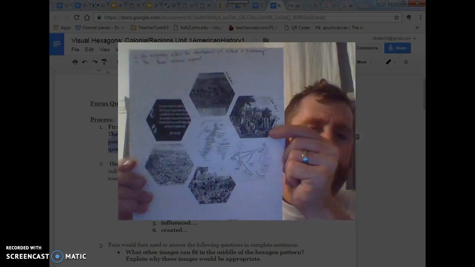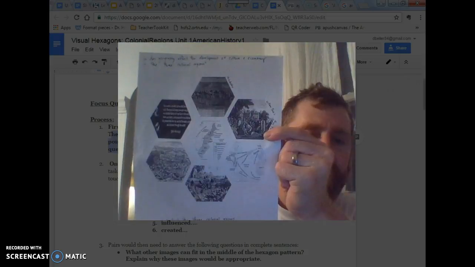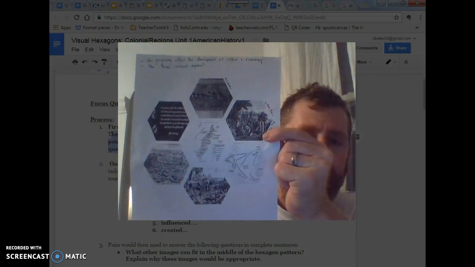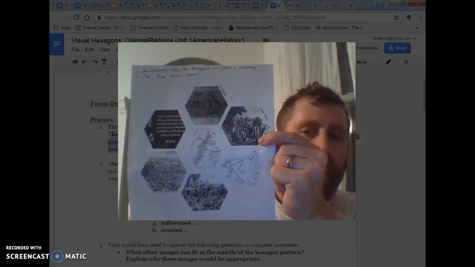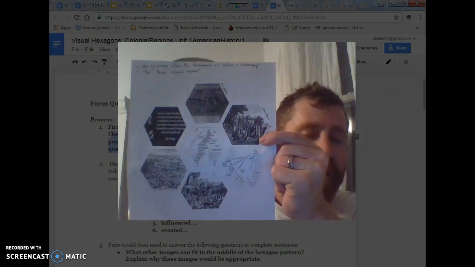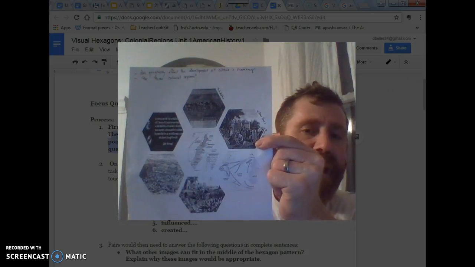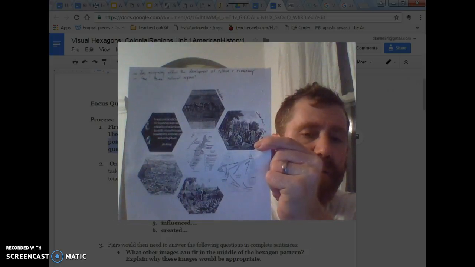When you're going through this, the first thing I would do when I'm identifying the picture is try to see if this is associated with a particular colonial region. For instance, using the same examples, William Penn, I would make sure that, yes, I know that this is associated with the middle colonies. So now, how did William Penn affect the culture and economy of the middle colonies?